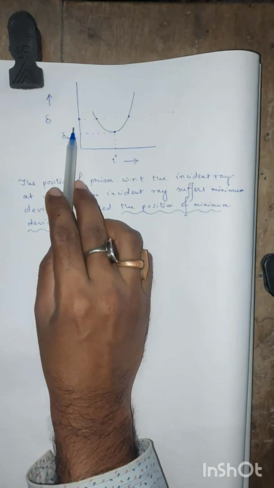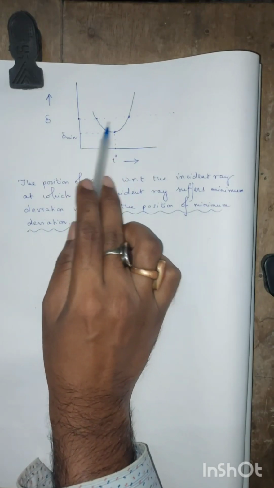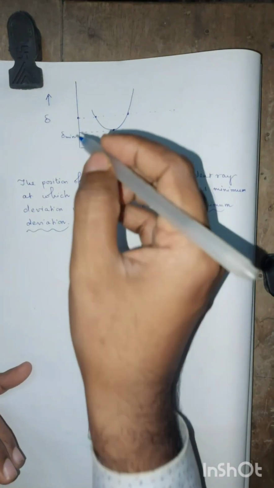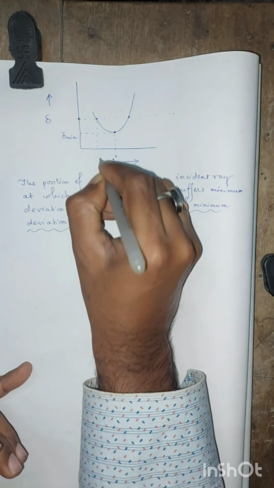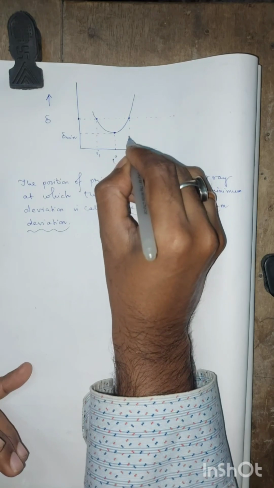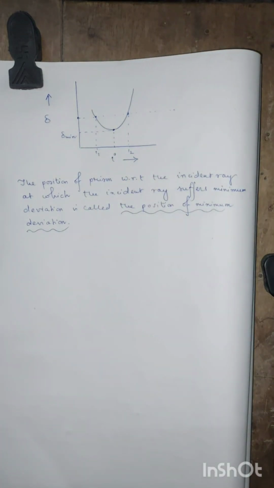So for a specific value of delta, we are getting two values of angle of incidence. Let us call it I1 and this is I2.